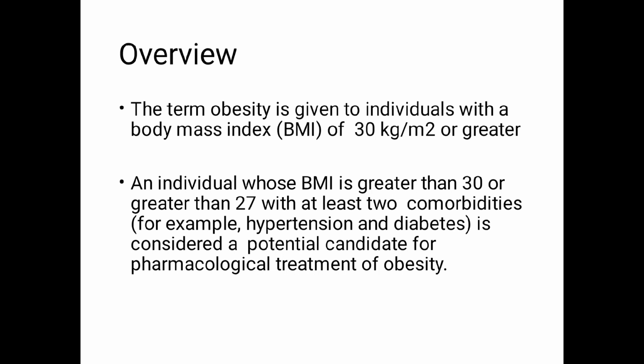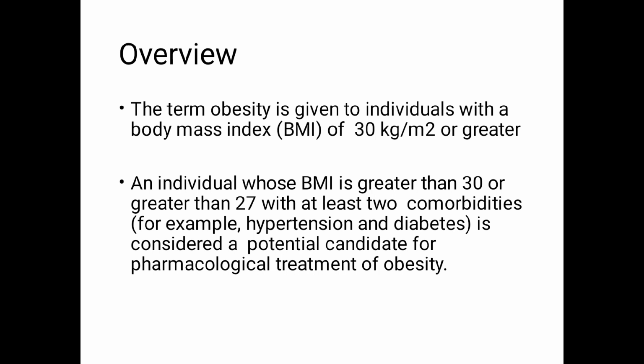An individual whose body mass index is greater than 30, or greater than 27 with at least two comorbidities, for example, hypertension and diabetes, is considered a potential candidate for pharmacological treatment of obesity. Obesity can coexist with some morbidities, and these include hypertension, diabetes, heart disease, strokes, and some cancers.